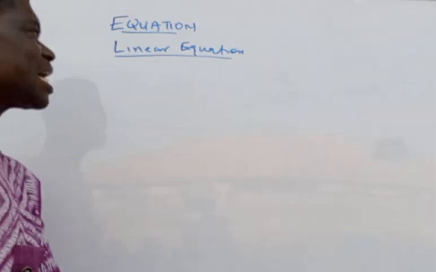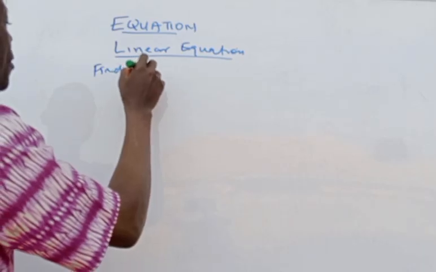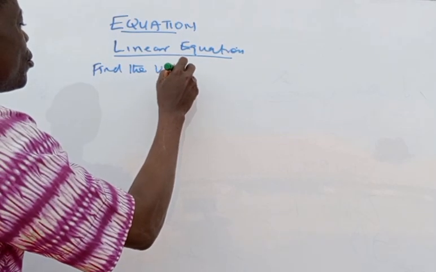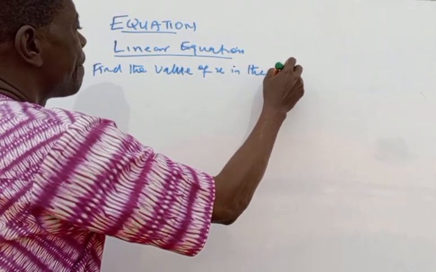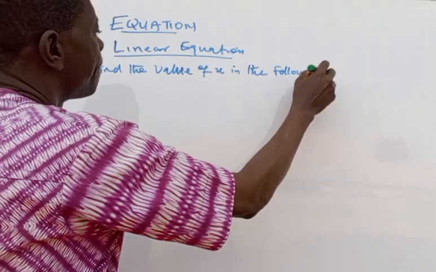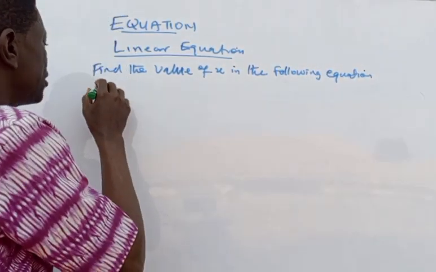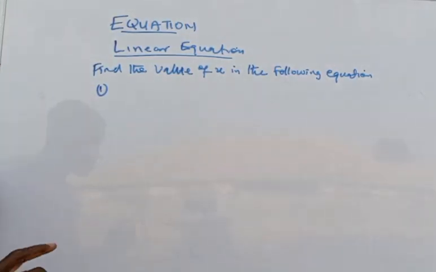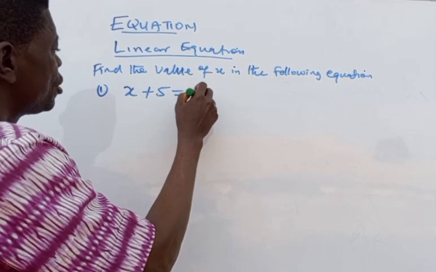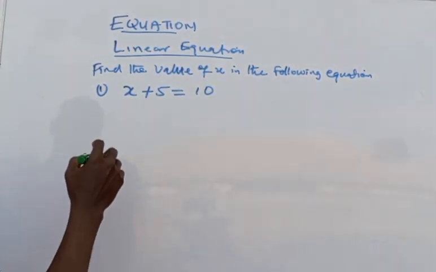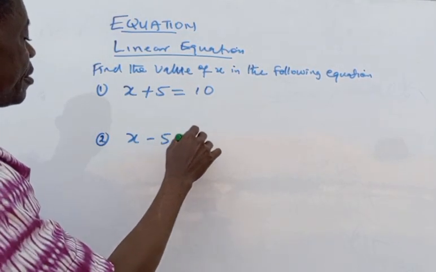Now look at the following equations. Find the value of x in the following equations. Number one, x plus 5 is equal to 10. Number two, x minus 5 is equal to 10.